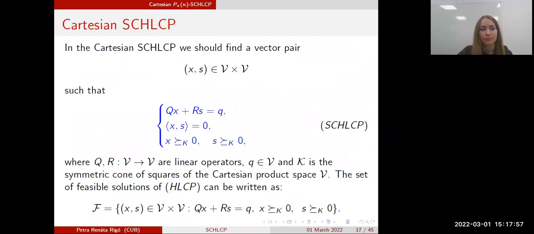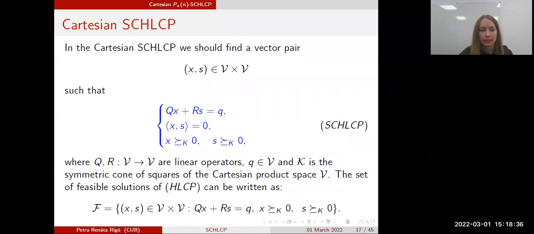And in the horizontal linear complementarity problem defined over the Cartesian product of symmetric cones, we want to find a pair such that these conditions are satisfied, where Q and R are linear operators from V to V, where we are talking about the Cartesian product space V. Q is an element of V, and K is the symmetric cone of squares of the Cartesian product space V. So X and S are in this cone.